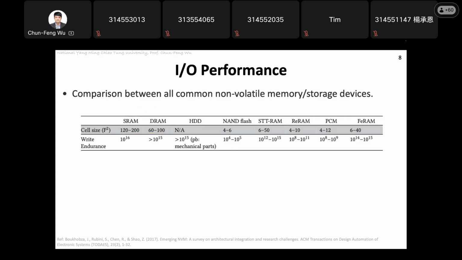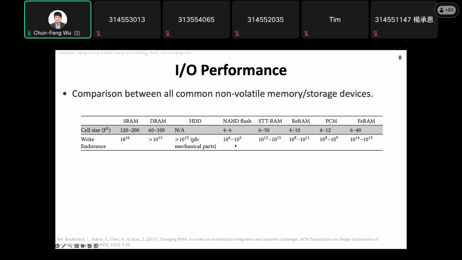When it comes to write endurance, if we write data to this kind of device, there is a thing called lifetime. NAND flash is the most representative one, because the lifetime for NAND flash is super low. It can only endure about 10 to the 4 to 10 to the 5 writes.